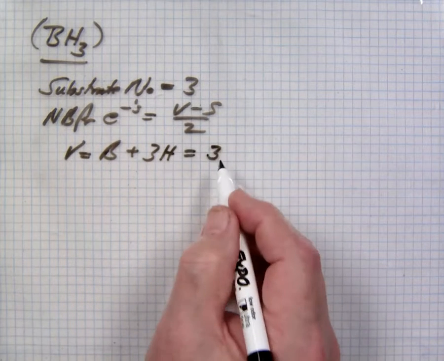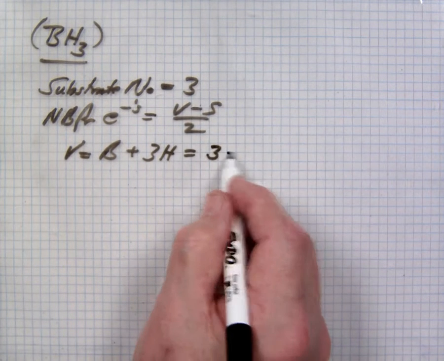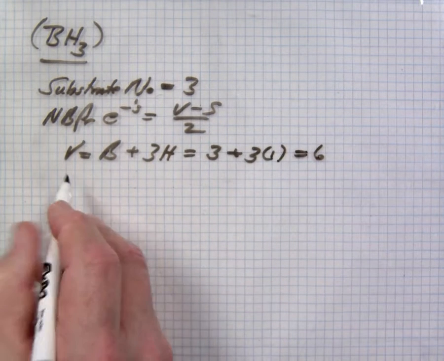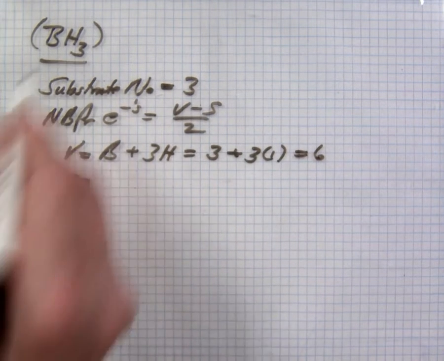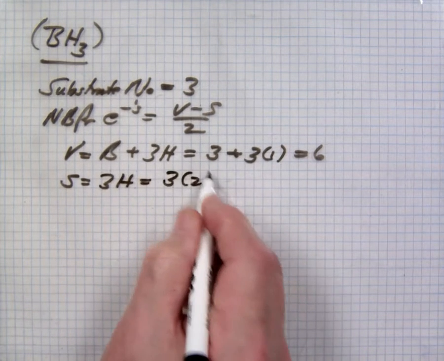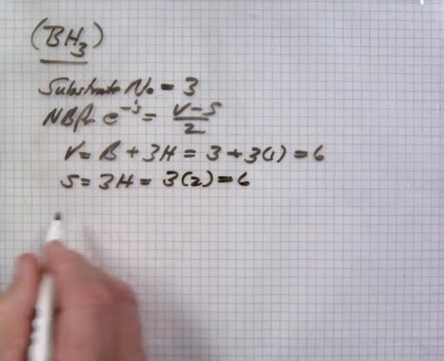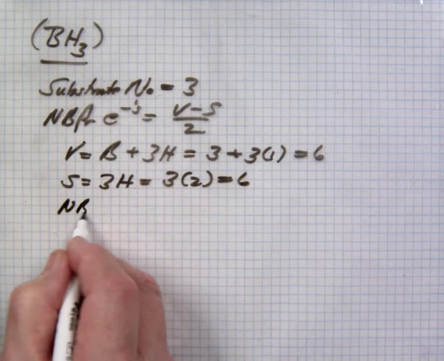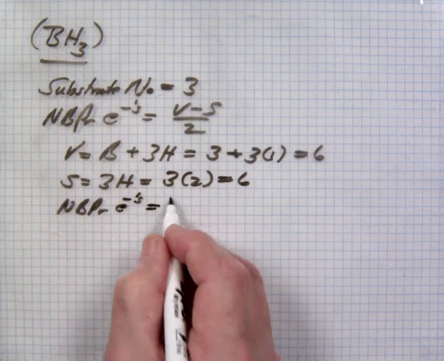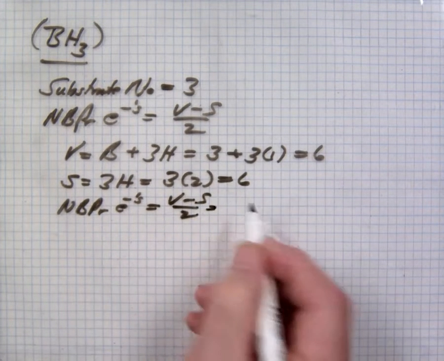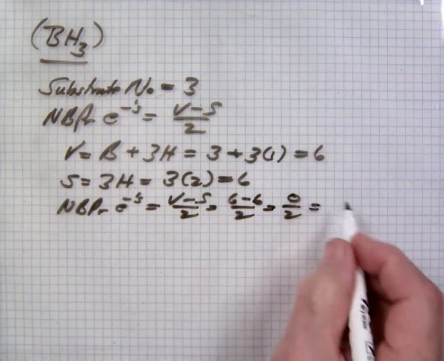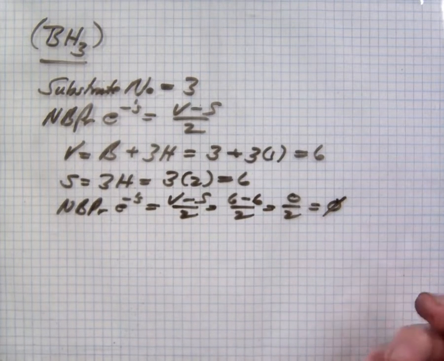Boron is group 3 on the periodic chart, plus 3 times 1, and that's 6. Okay, the substrate number is, well, we've got 3 hydrogens, and that fills up at 2, and that's also a 6. So the non-bonded pairs that we have is valence minus substrate over 2, 6 minus 6 over 2, and 0 over 2. And this one too has no free pair.